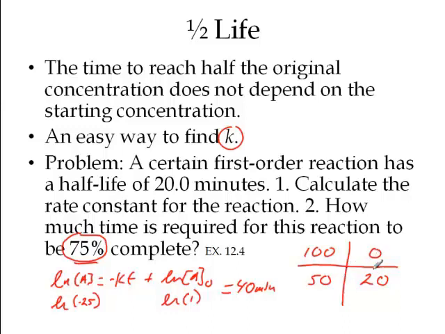After another 20 minutes, in other words 40 minutes, what's half of 50? 25. So you get the same answer either way, and this works with first order quite easily. If we kept going, at 60 minutes we'd have 12.5 and so on. That's a nice way to do those problems. You can do it the math way, or you can just look at a chart this way. Either way, it'll work for you.